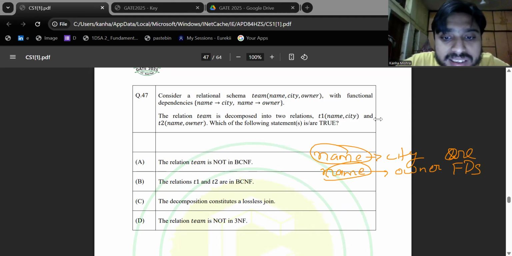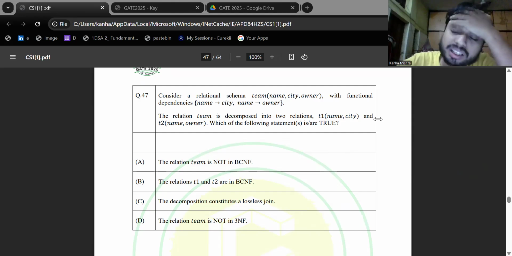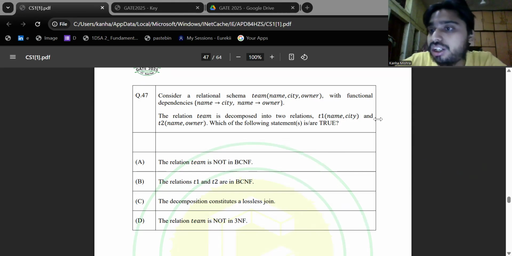So we can say this relation is in BCNF. Again, a relation R is in BCNF if X is a super key in every non-trivial functional dependency X implying Y. So here our name, you can see.